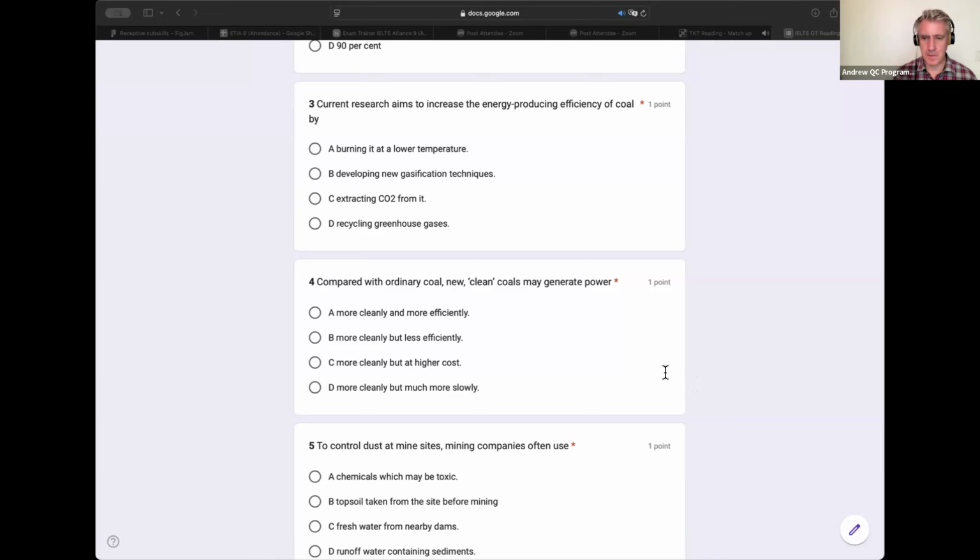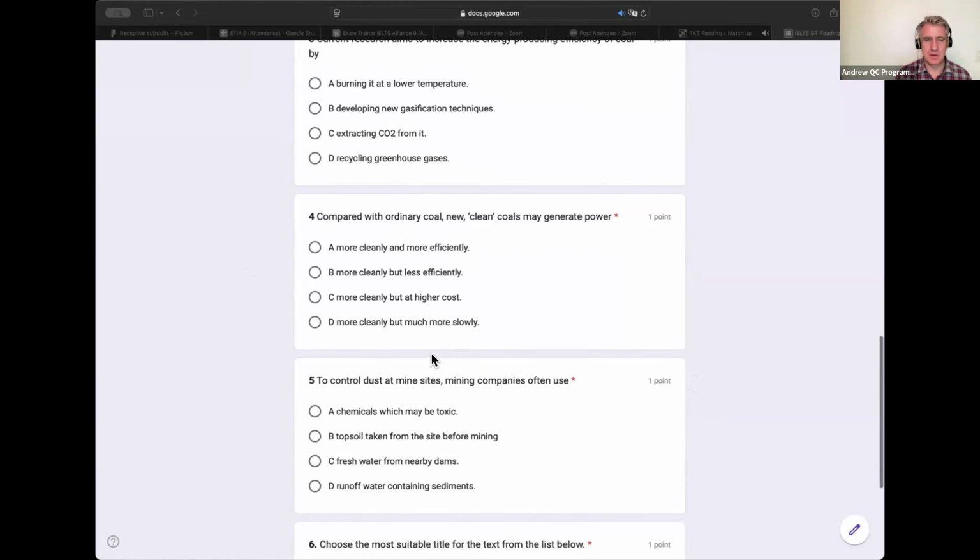For number 3. How about number 4? Any suggestions? Again, cover up the options. Just focus on the stem.